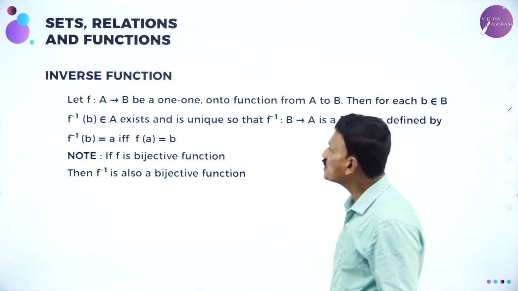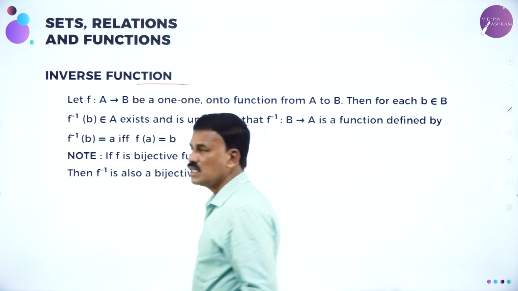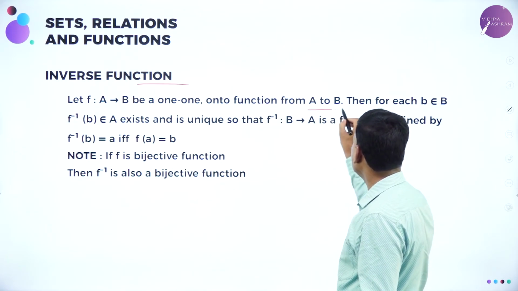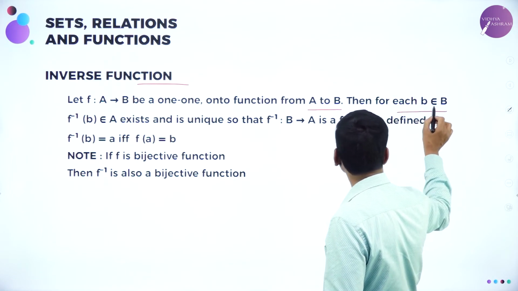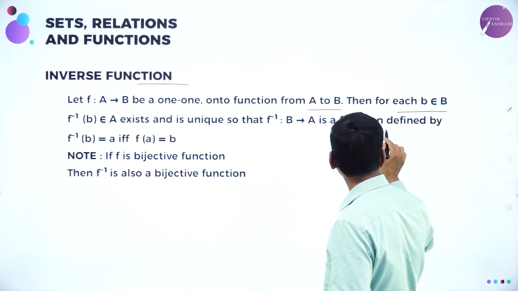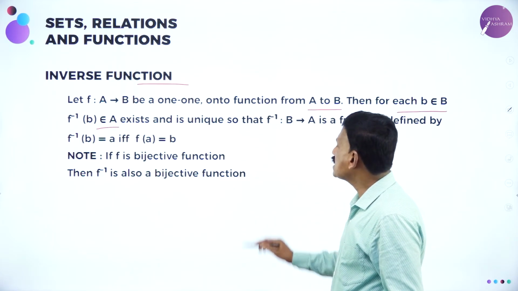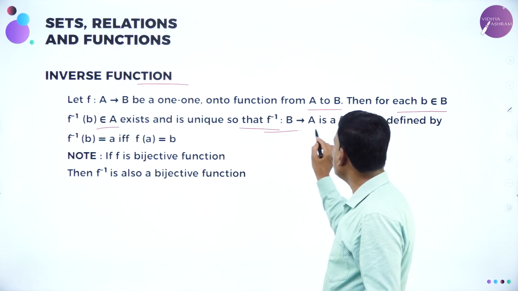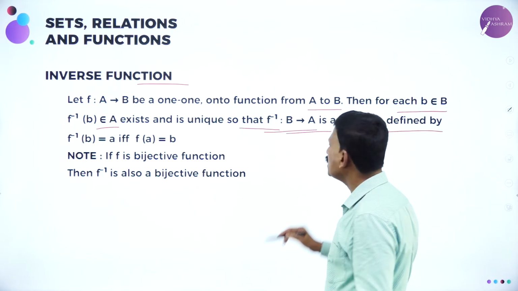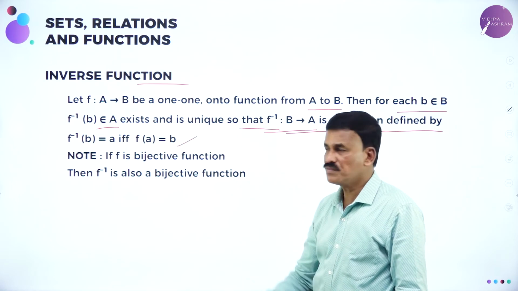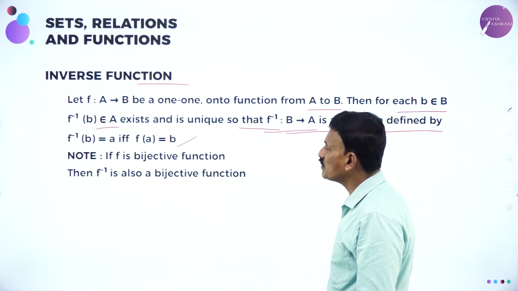Next one is the inverse function. Let f from A to B be a one-one and onto function from A to B, then for each b belongs to B, there exists a unique a belongs to A, so that f inverse from B to A is a function defined by f inverse of b is equal to a, if and only if f of a is equal to b. This is called an inverse function.